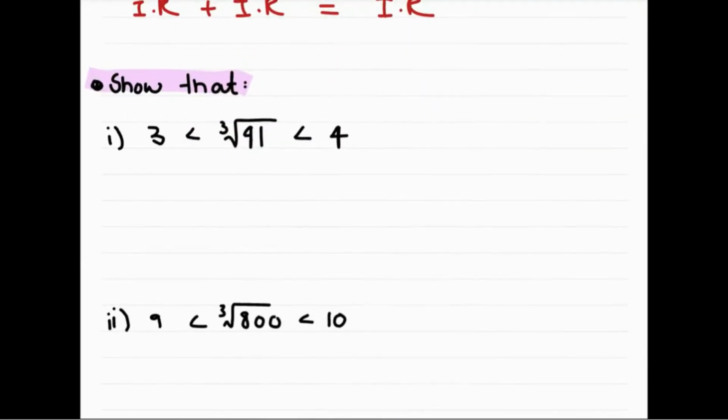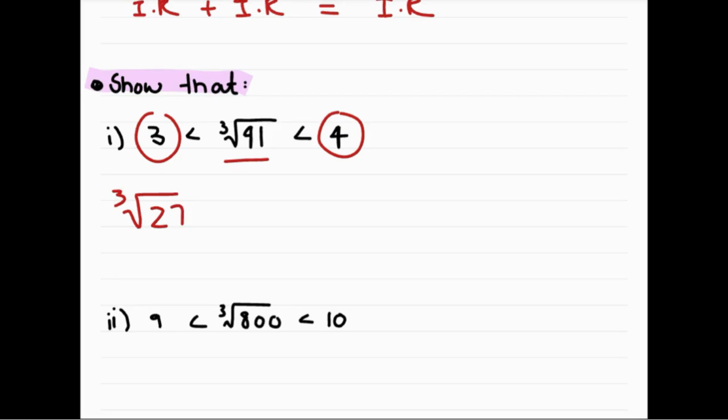Next type of question will be proving that a certain number is smaller than some number and bigger than some number, right? So this is an irrational number between two integers. So what we'll do over here first is that we'll find the cube roots of 3 and 4. So 3 multiplied by 3 is 9 and 9 multiplied by 3 is 27, right?